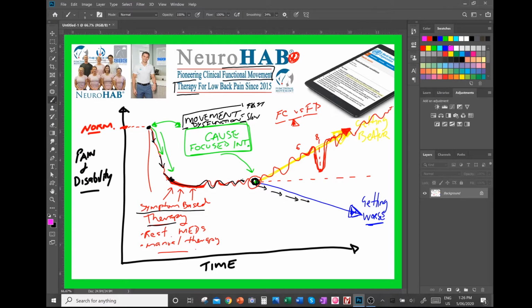And then let's look at the other side of the trend line. You might take a day off work, so you feel pretty good. But because you have set yourself on this destiny to get worse by not engaging in functional movement therapy, by not engaging in NeuroHab, you really have this false sense that you're getting better because you've had a day off work, you've taken some new pain medication, and you think, oh yeah, that's fantastic, but really you've just had a peak in the situation, and it will deteriorate again.